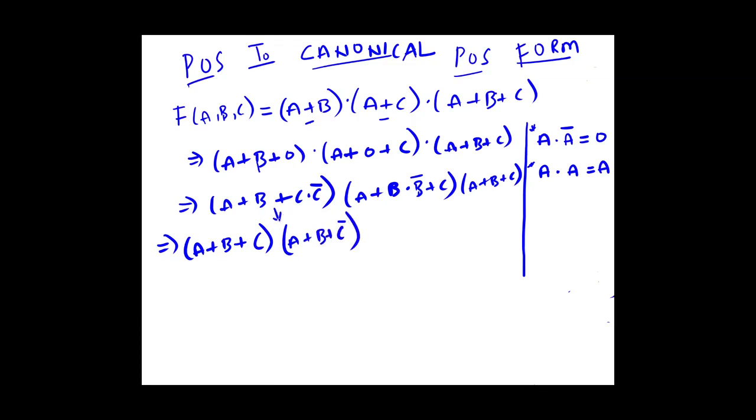From this term if you multiply them and write, you just get A plus B plus C, A plus B plus C bar. Next from this term you get A plus B plus C, then the other term will be A plus B bar plus C. Next the last term where you already have A plus B plus C.